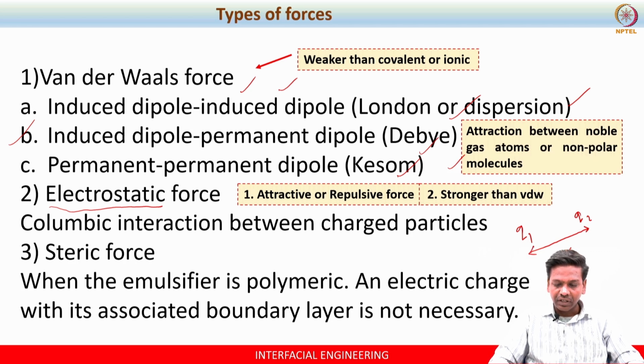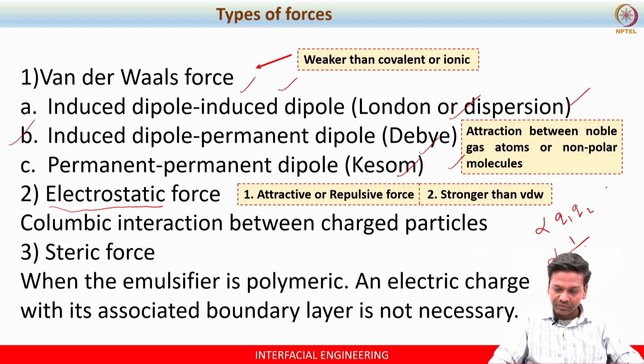In such a case we know the Coulombic law, which says that the force is proportional to the product of the two point charges and inversely proportional to the square of the distance.